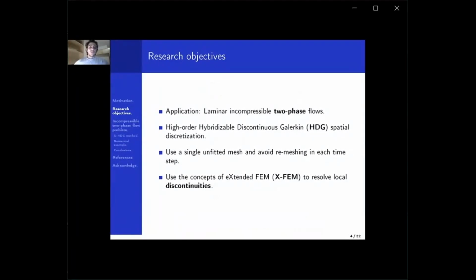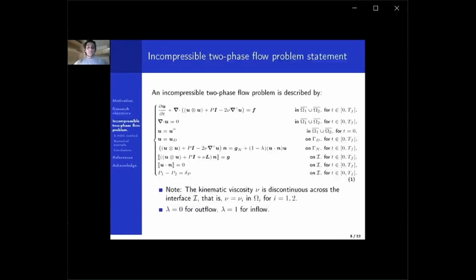And for this, we use the concepts of extended FEM to resolve local discontinuities. We solve the momentum and mass conservation equations. Since we're solving a two-phase flow, the material property, the kinematic viscosity, is discontinuous across the interface.